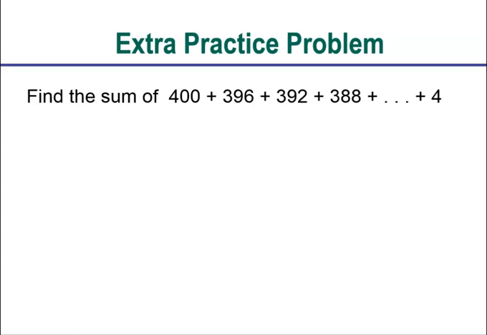Like, we added 1 plus 2 plus 3 plus 4 all the way to 100, or 2 plus 4 plus 6 plus 8. Let's put this in order. In ascending order. So this would be 4 plus, what would the next number be? Well, do you see a pattern here? Okay, I've got 400, then 396, then 392, then 388. If you'll notice, these guys are all 4 apart.